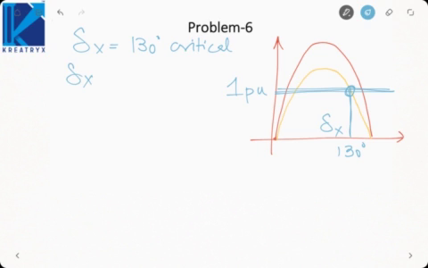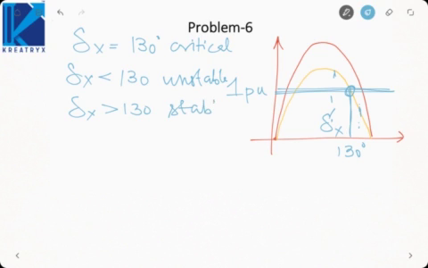But if delta X is less than 130, that means you will fall in this region. And since you are entering this region, the system will become unstable because we cannot go beyond delta X. If delta X is greater than 130, that means you are lying here. So the system will be stable.